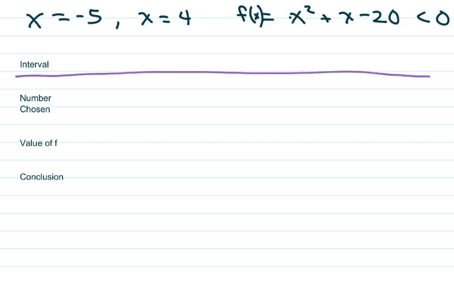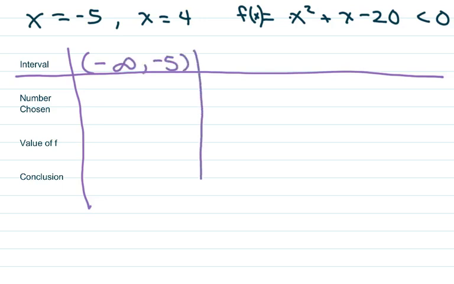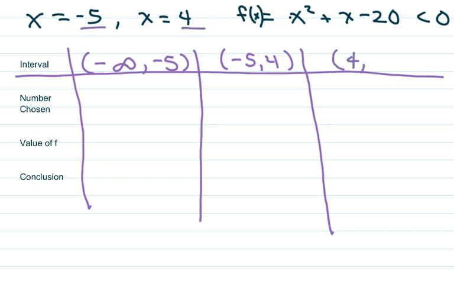So for our intervals, we're going to use negative infinity to negative 5, negative 5, comma 4, because we have to use both of those, and 4 to infinity.